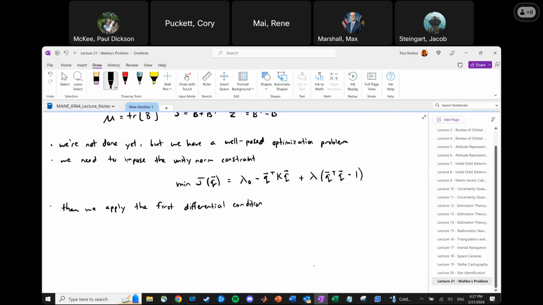So the derivative of J, which is a function of Q, with respect to Q is 0, and that is what? So the derivative of lambda naught with respect to Q, that's the easy one. That's 0, right? Because it's not a function of Q. What about the next term? What is the derivative of Q transpose KQ with respect to Q? Anybody remember from matrix vector calculus lecture?